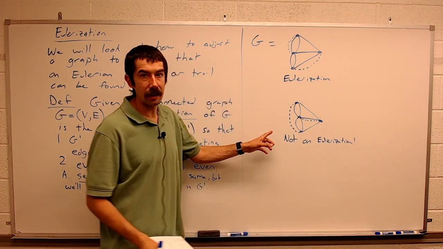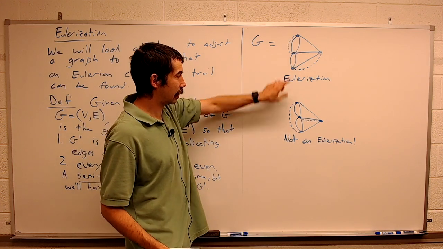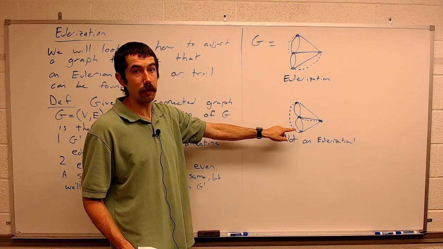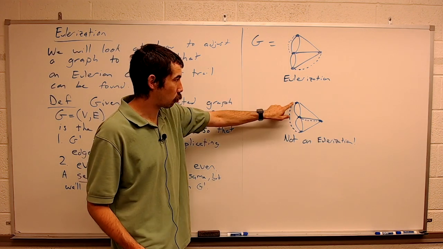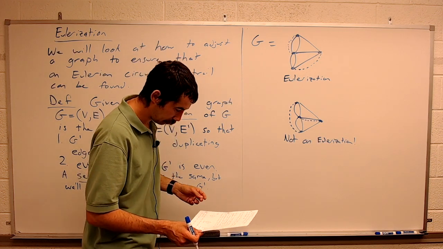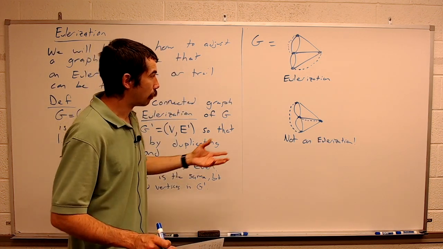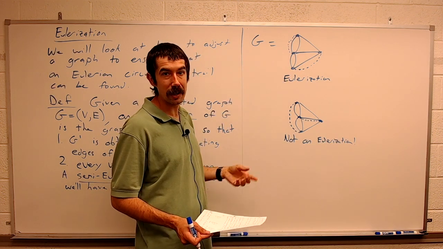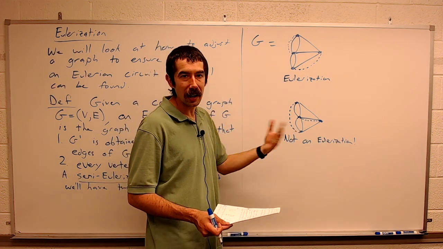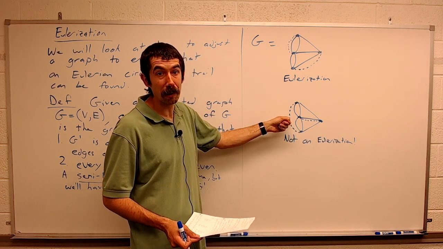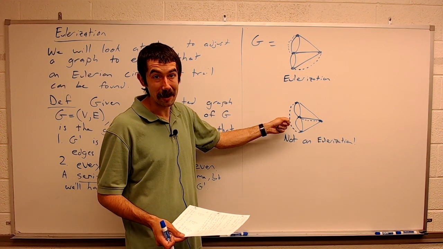You see that? You have to duplicate edges that already existed. If you wanted to do something like this, we could duplicate two edges to do that, but we can't just do this one bigger edge. So you could picture, if these edges represent bridges, we're going to walk on one of the bridges twice. This would be like building a new bridge, which is expensive, so we're not doing that.